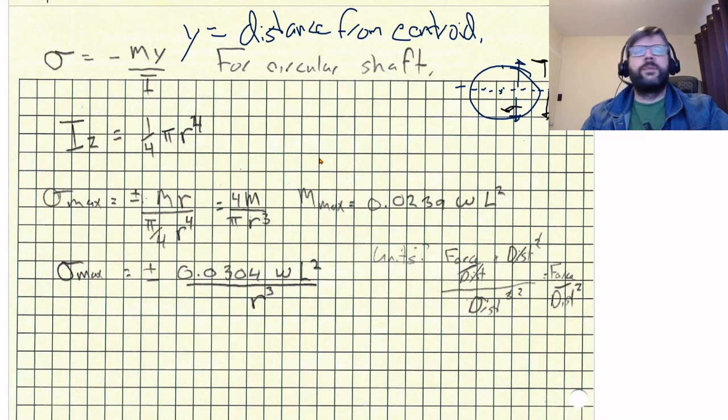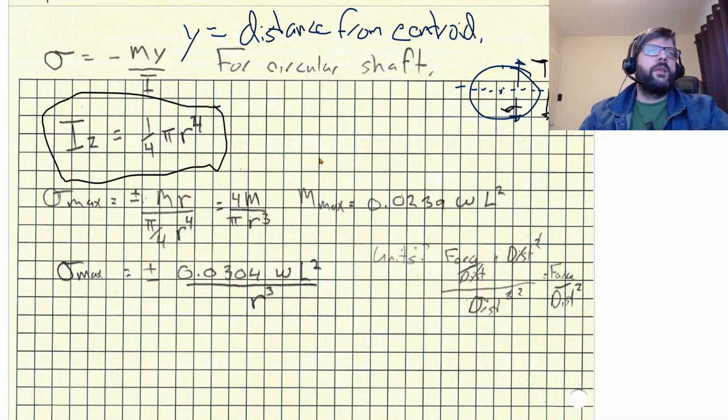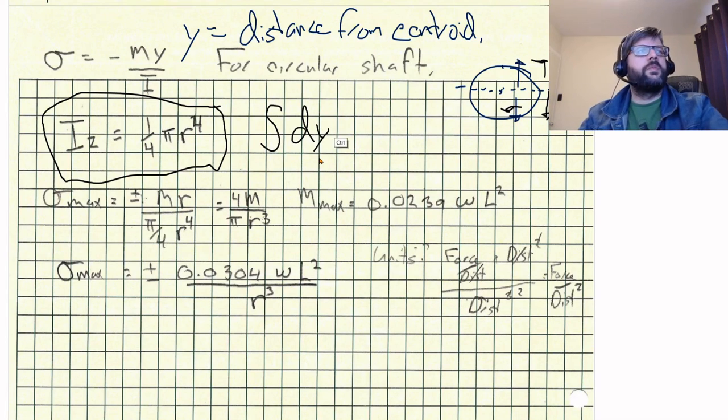We also have our Iz formula here. Again, that's 1/4 pi r to the fourth. That's just the integral of y squared dA over the area.